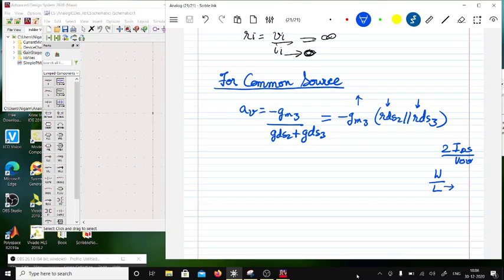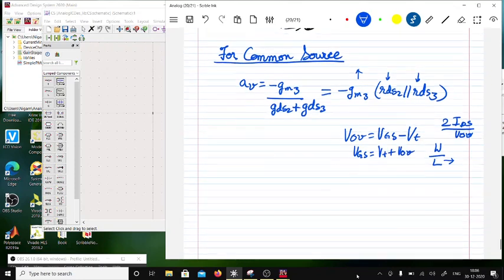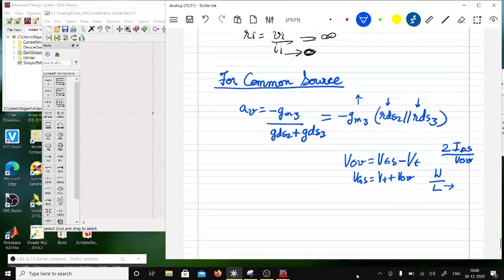VGS minus VT is equal to V overdrive, so the bias point VGS would be equal to VT plus V overdrive. So we take the input bias up and a larger transistor, and you'll have a higher GM, right?